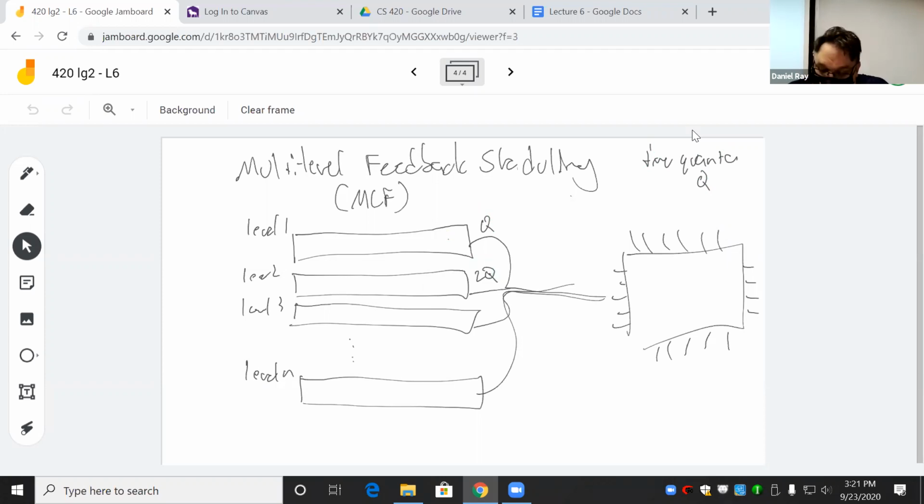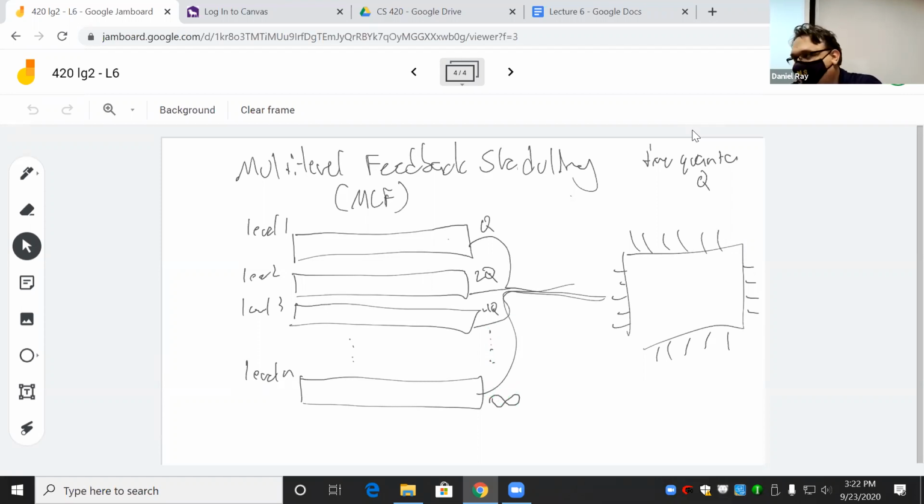All the things at level 3 get to execute for 4Q. So their time quanta is 4 times bigger than level 1. Okay? So forth and so on, down the levels until you get to level N, and things on level N get to monopolize the processor until they're done running.